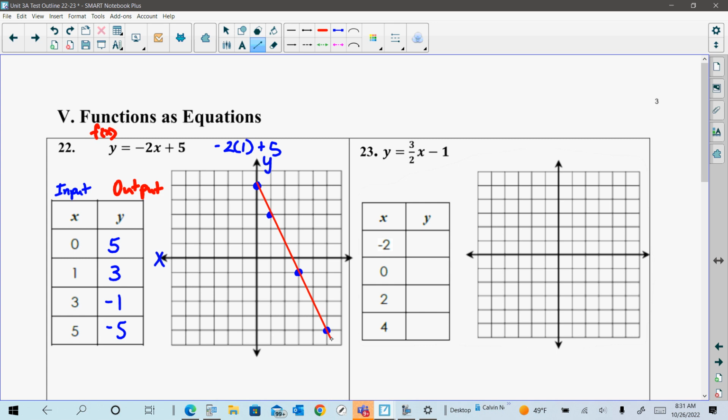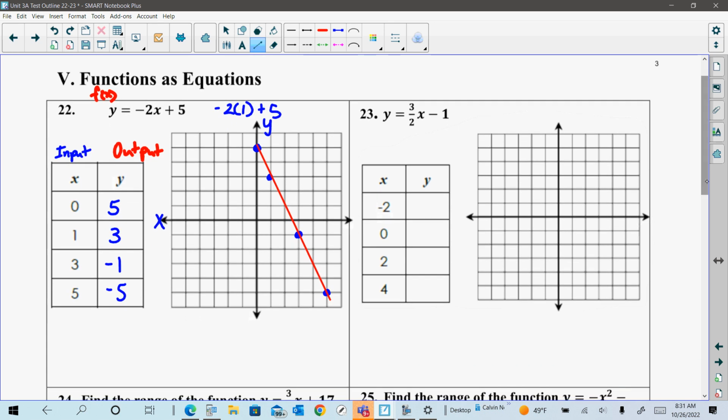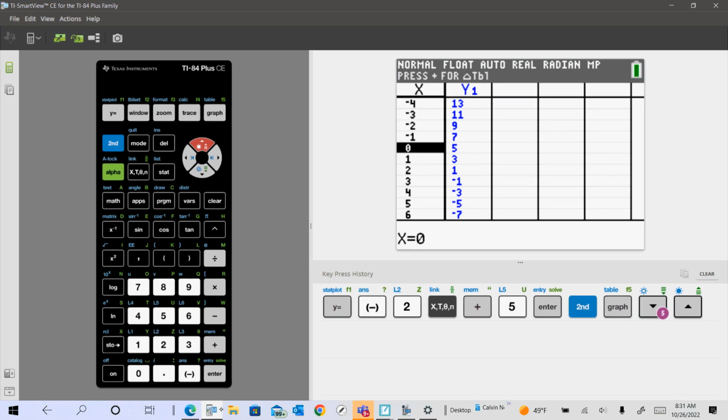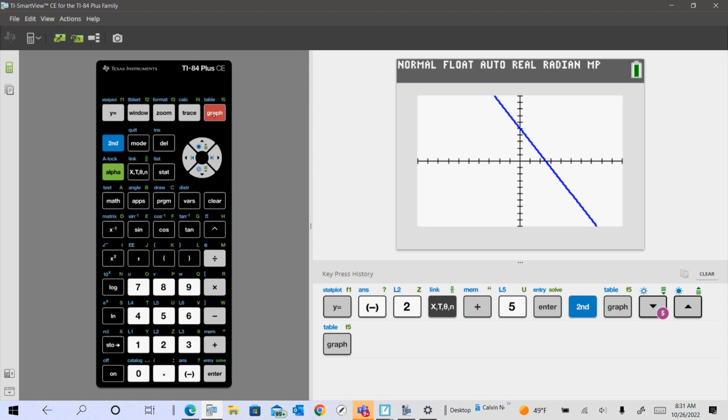All right, so if you start using your calculator to answer, just put a C, so I know that you used your calculator to get to your answer. Now, the calculator will graph for you, but you need the actual points. If you wanted to see what the graph looks like, you just hit the graph button, and you can see what the line looks like and see if it matches what you graphed.